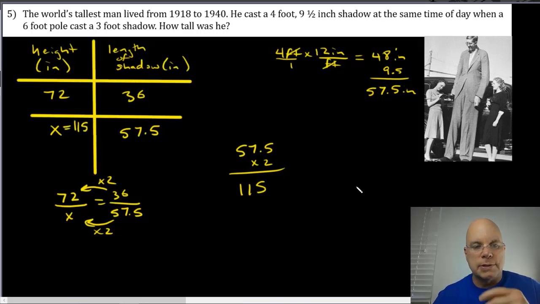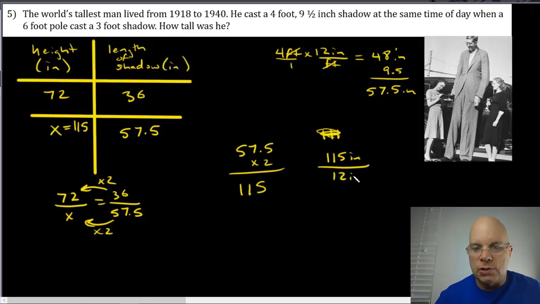But since we typically, well, that's taller than I thought. Since we typically think of people's height in feet and inches, let's convert that to feet. I can show you this other thing by doing that. 115 inches divided by 12 inches per 1 foot.